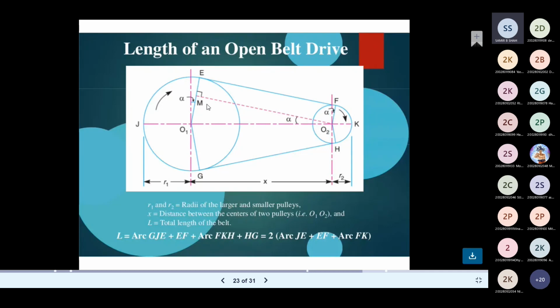Here this is 90 degrees, so in front of that we consider this line. This is sine alpha, so O1M divided by O1O2. Now we know that O1M means what? You can see here.